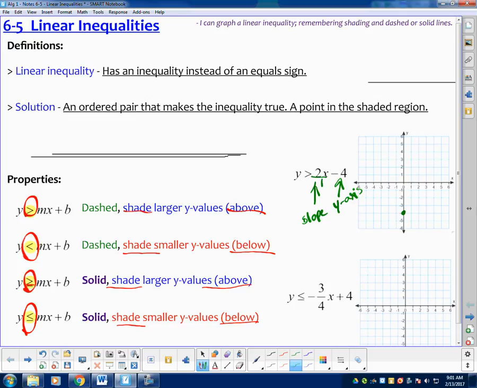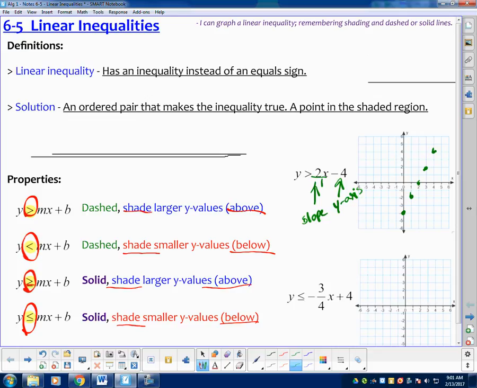Okay, where do I go from there? Up 2 over 1. Rise over the run. So up 2 over 1. Up 2 over 1. My dots are not very nice because my pen is not being very nice.